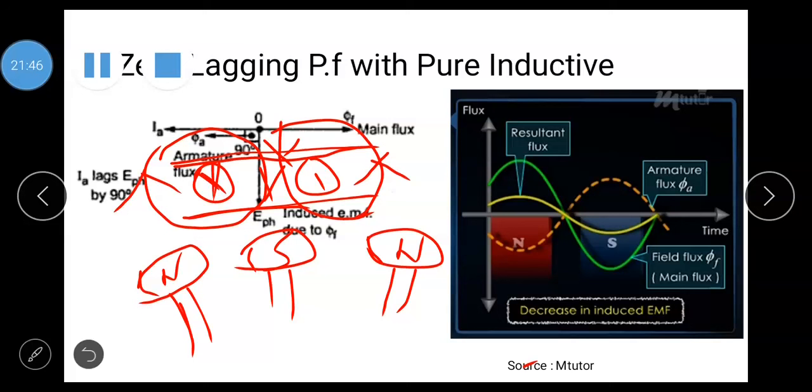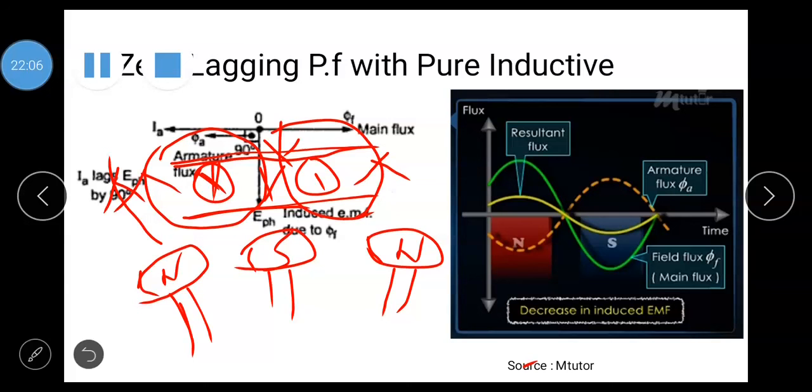As it is purely capacitive, there is a 90 degree shift between the south pole and the north pole. If you notice here, the north pole gives the flux, that means the flux direction will be from north to south.